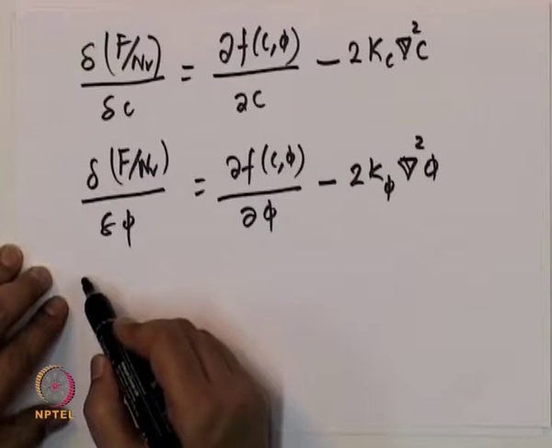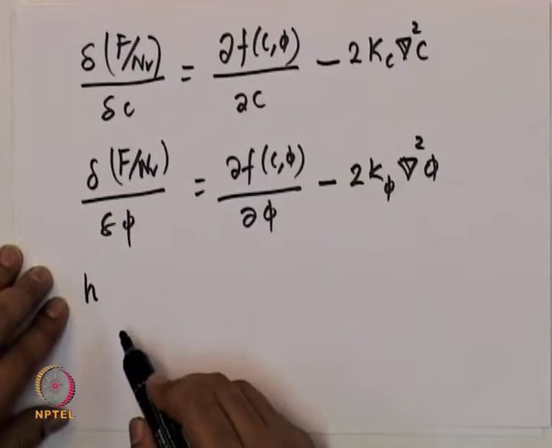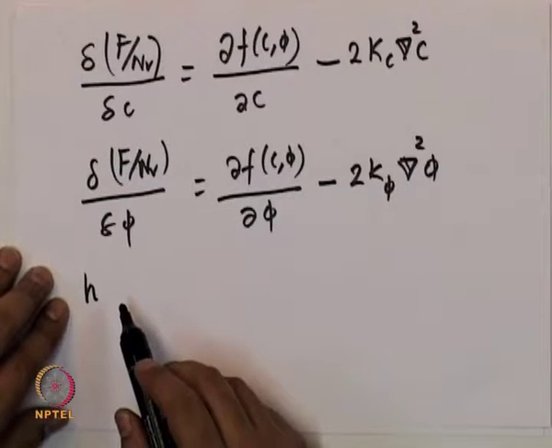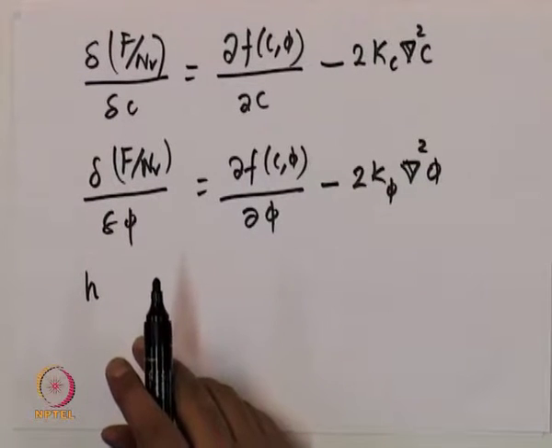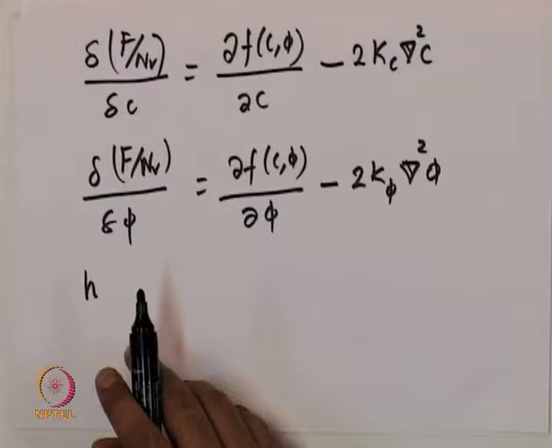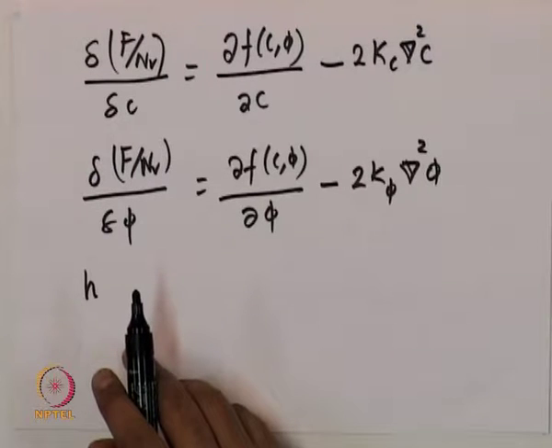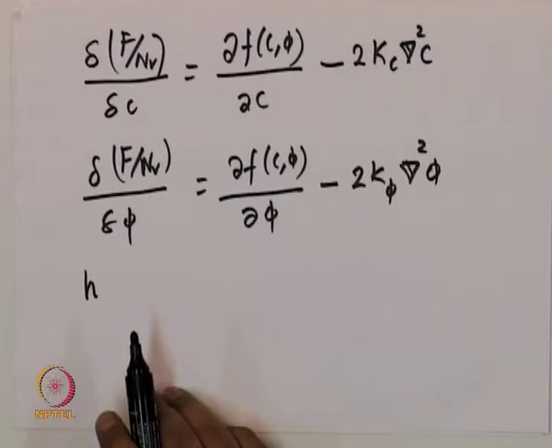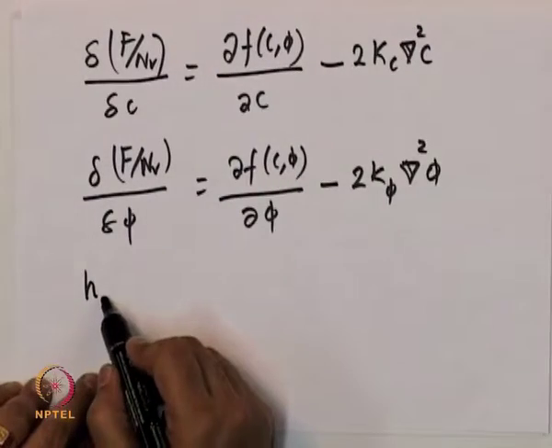So let me call these h of c and h of phi, because these are the nonlinear functions that we define. So let's call this h of c.